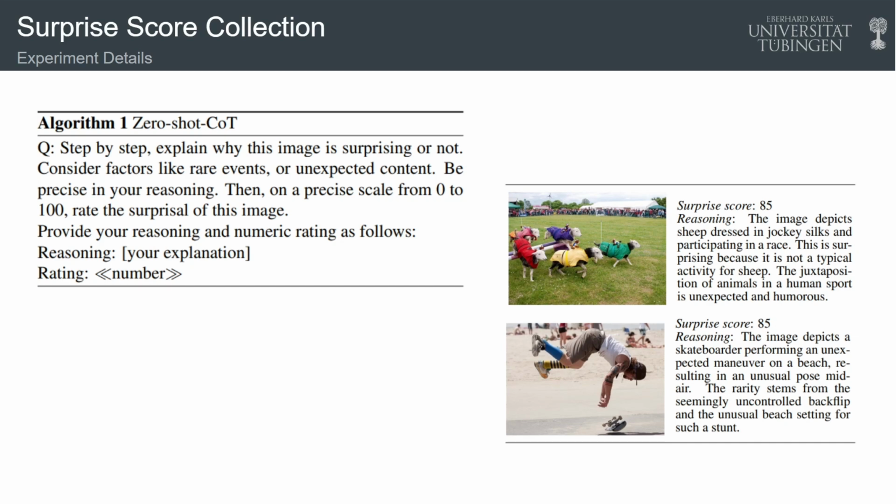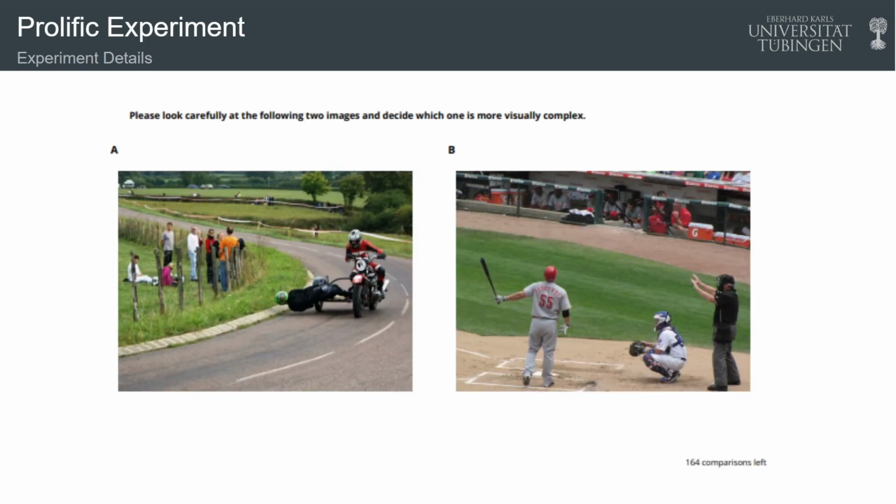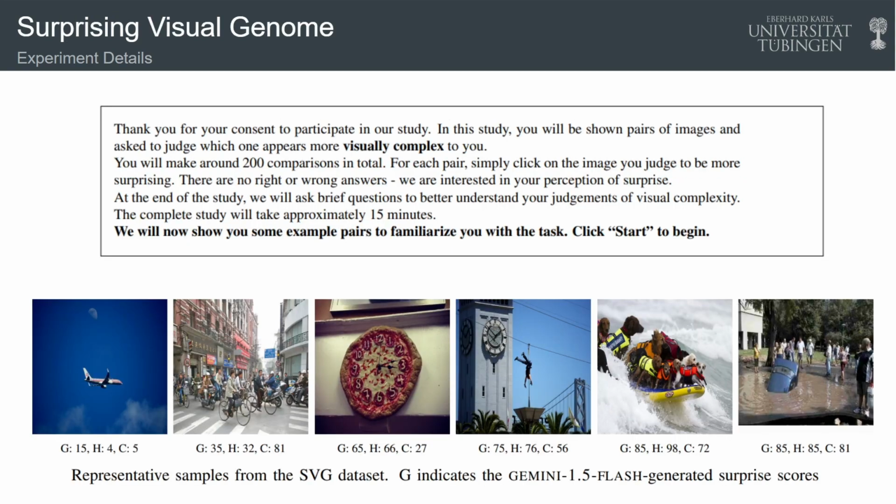We conducted a Prolific experiment where participants were asked to choose which of two images appeared more visually complex. We converted these pairwise comparisons into 0-100 scores using the Bradley-Terry algorithm. You can find the experiment instructions and sample images from SVG in our materials. As seen, SVG contains a variety of normal, complex, non-complex, and surprising images.